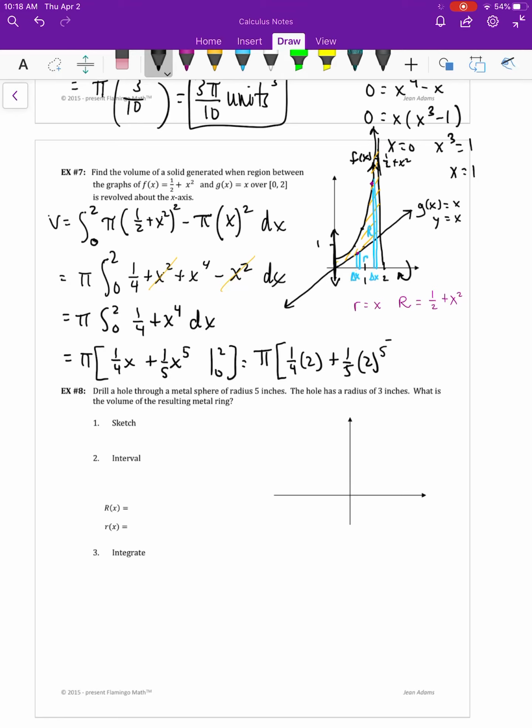And then minus, put a 0 in, you get 0. So this becomes 1/2 plus 32/5. And if I found a common denominator and added my values, I get 69/10. So my final answer, 69 pi over 10 units cubed.